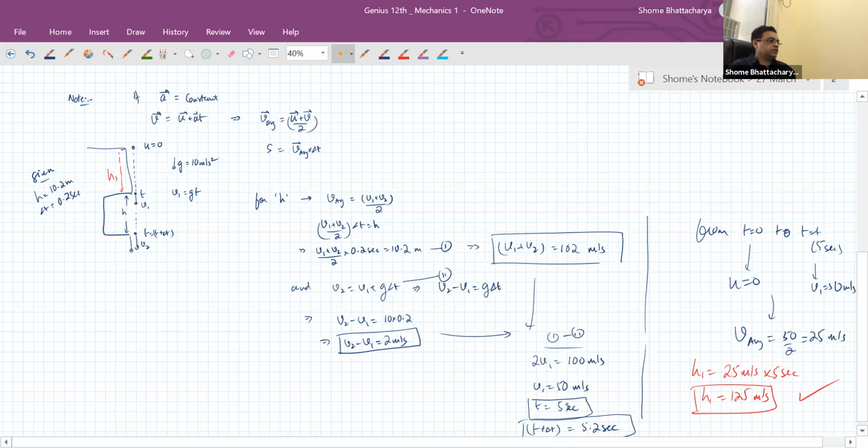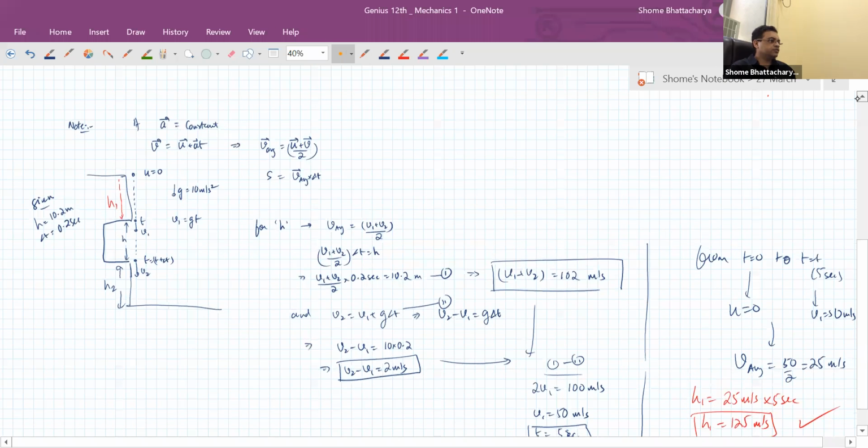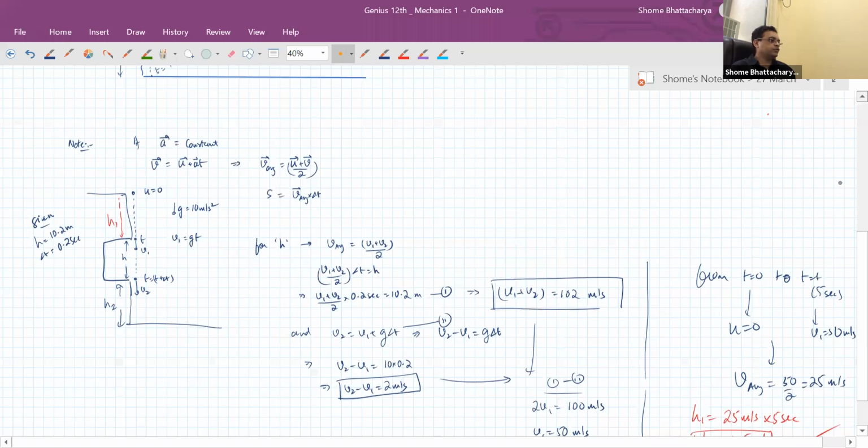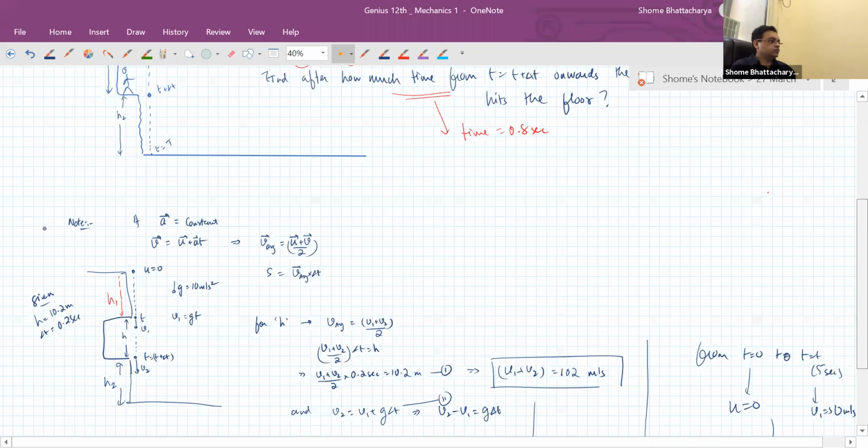And now the third thing that was given to us is that from here further down, this height was, if I'm not mistaken, sorry, 44.8 meters. So h2 was 44.8 meters.